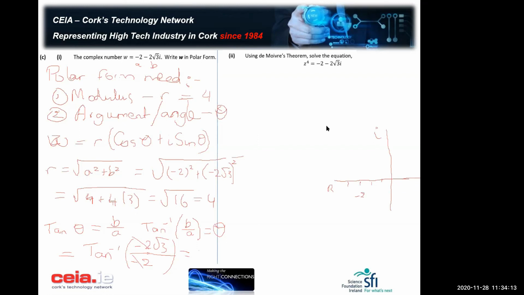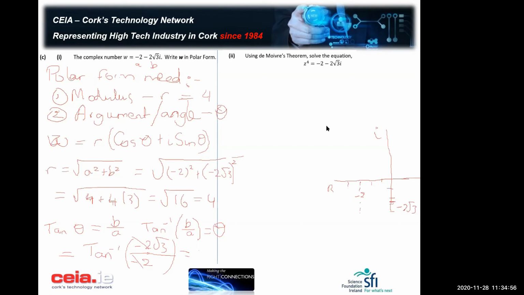So we're down here at minus 2, and the b part is minus 2 root 3, which is about minus 3.5.